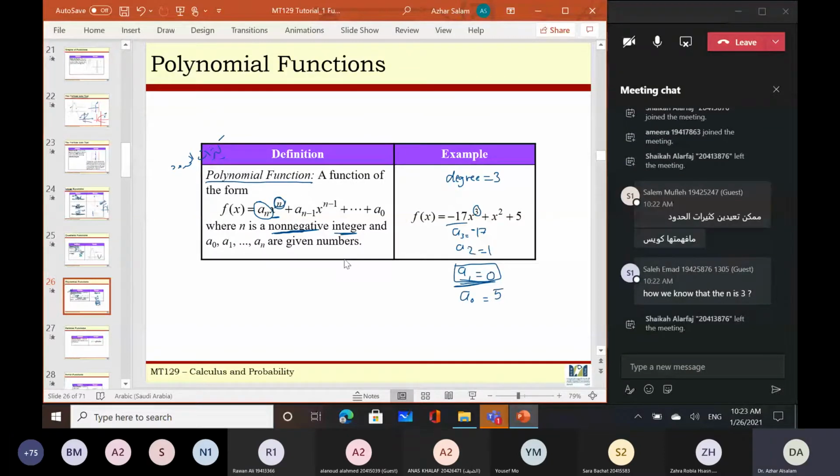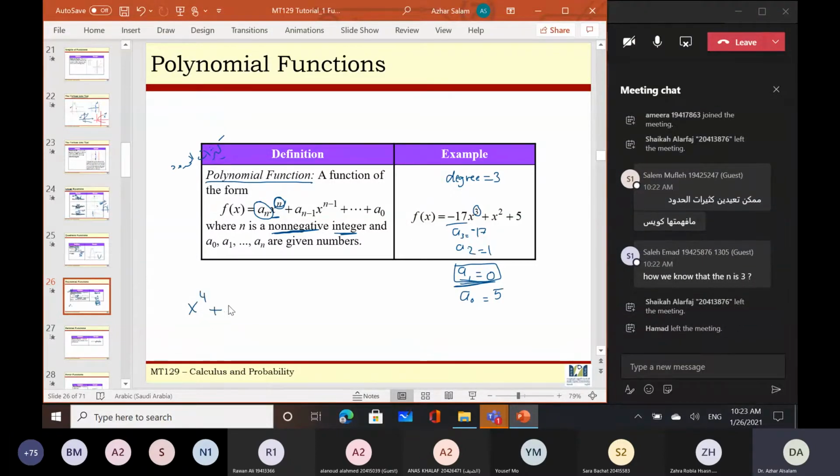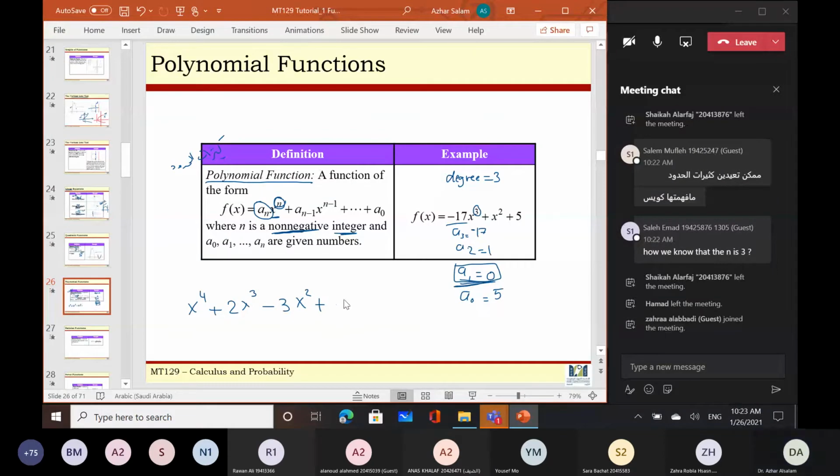أوكي. كثيرة الحدود مثل هذه مثلا. For example, if I have x to the power 4 plus 2x to the power 3 minus 3x square plus 5x minus 1.